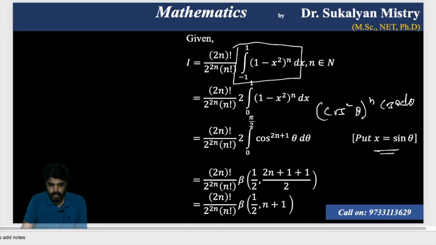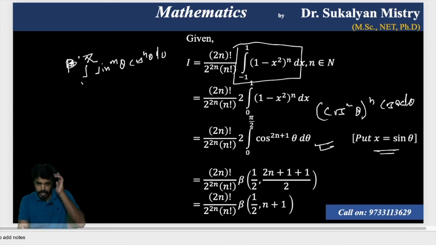Now, by the properties of the beta function, the integral from 0 to pi by 2 of sin to the power m theta into cos to the power n theta d theta will be beta of (m plus 1) by 2 comma (n plus 1) by 2.